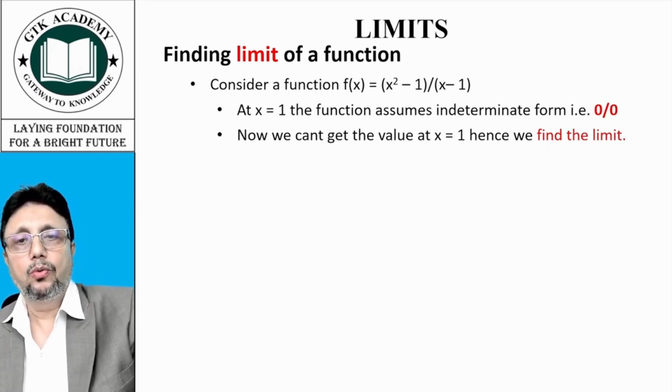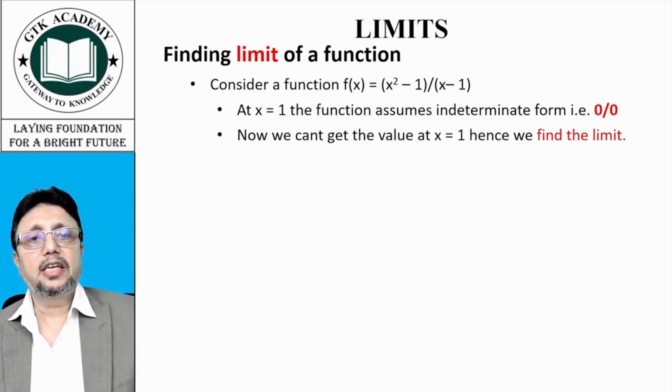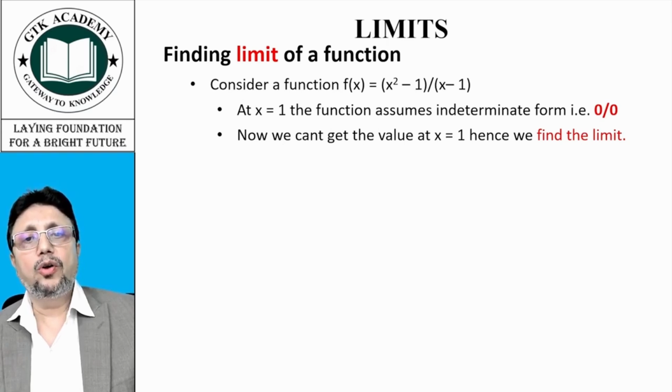So what do we do? Like in the example I discussed a few minutes back, we go towards the right and then proceed towards that number, or we go towards the left neighborhood of 1 and then proceed towards 1 and see what value the function approaches as x extends towards 1.